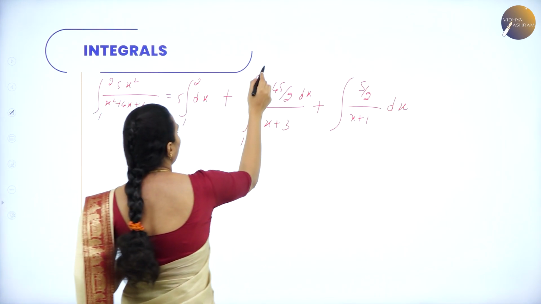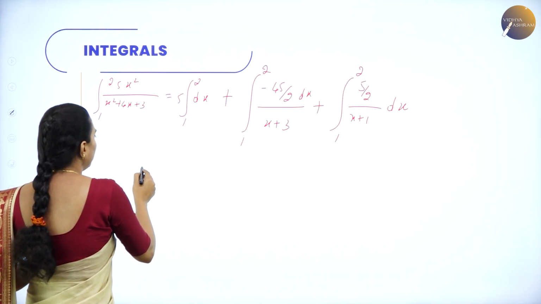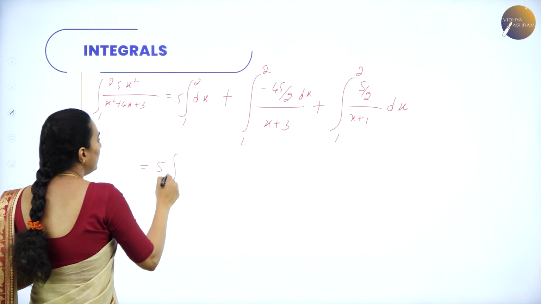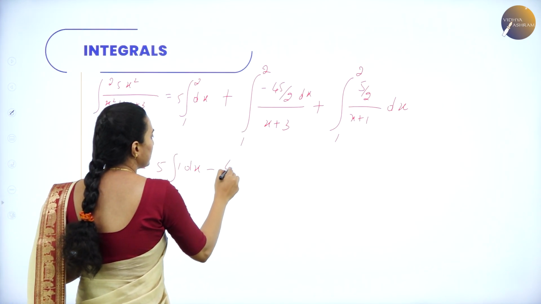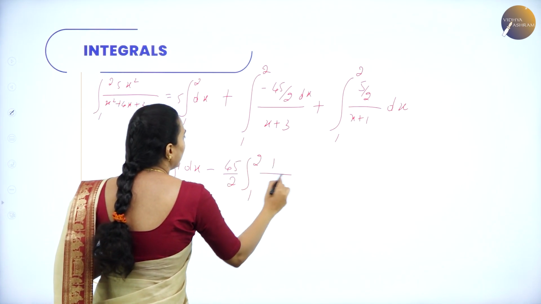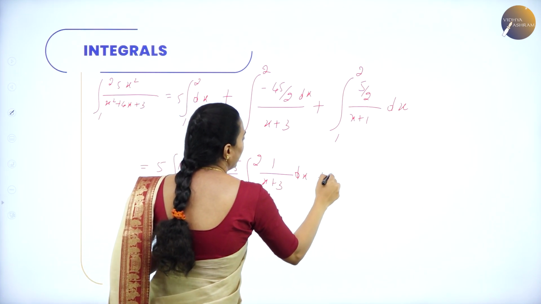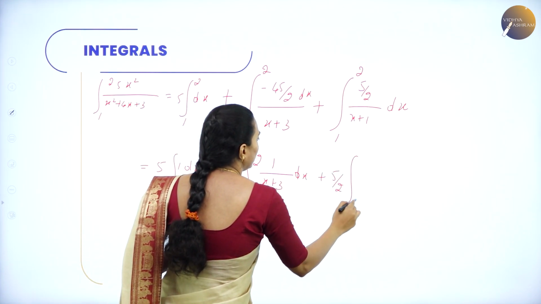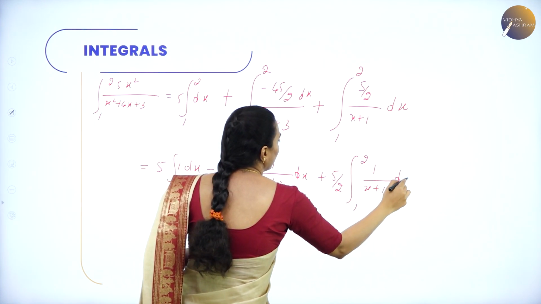Now applying the limit 1 to 2, this implies 5 into the integral of 1 dx, again plus into minus is minus 45 by 2 into the integral of 1 divided by x plus 3 into dx. Again 5 by 2 is a constant, you can remove it outside, into the integral of 1 divided by x plus 1 into dx.